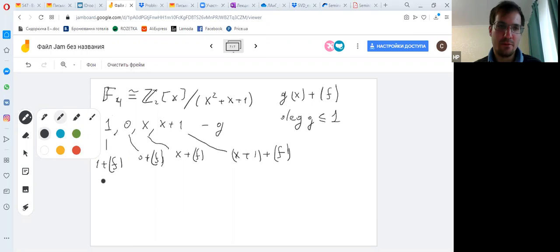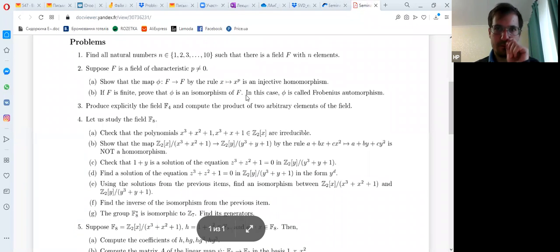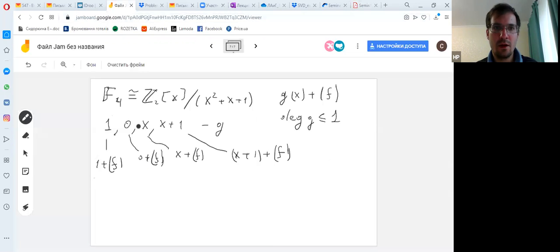Let me try to multiply. Our task is to compute the product of 2 arbitrary elements. So we have 4 elements. Now let us compute the product of 2 elements. For example, I want to compute the product x by x plus 1.